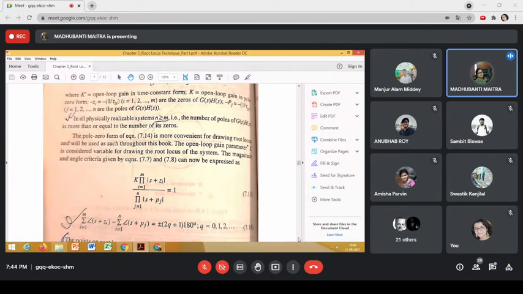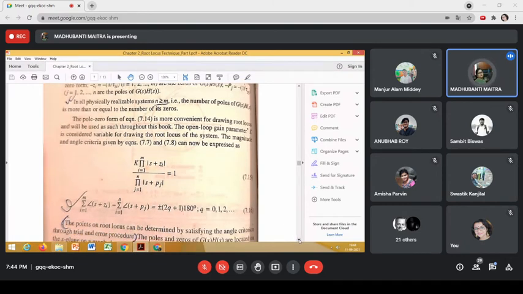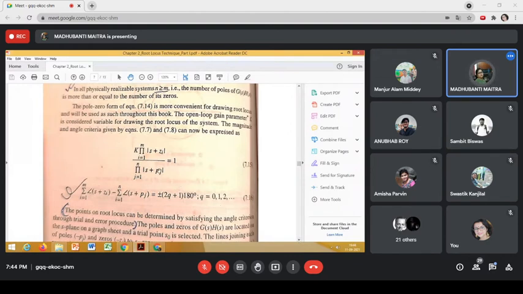And what will be the angle criterion? The angle criterion will be the angle of G(s)H(s), that is the summation of all the angles contributed by all the open loop zeros minus the summation of all the angles contributed by all the open loop poles.